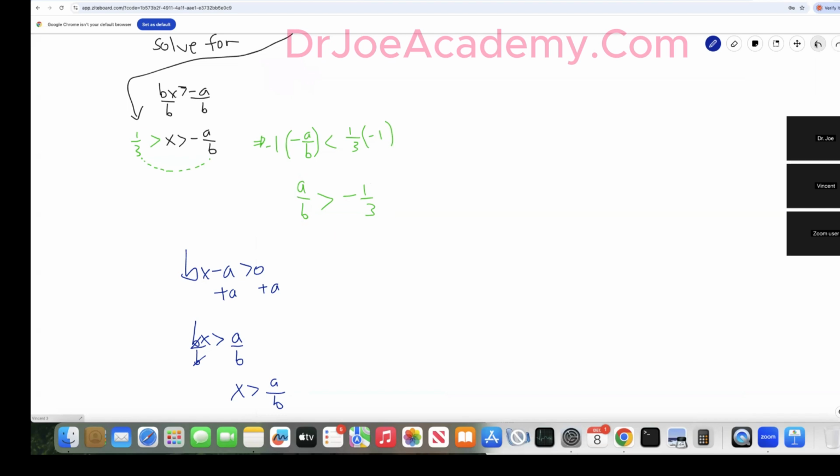So that means we can put the green part there. A over b is greater than negative 1/3.